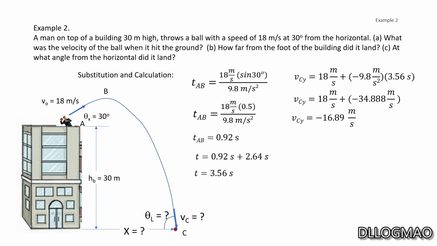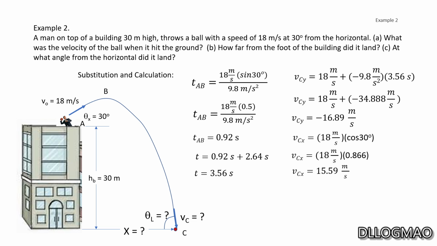The x component of velocity sub c is constant and is equal to the x component of the initial velocity, 18 meters per second cosine 30 degrees. Cosine 30 degrees is equivalent to 0.866. The x component of v sub c is 15.59 meters per second.